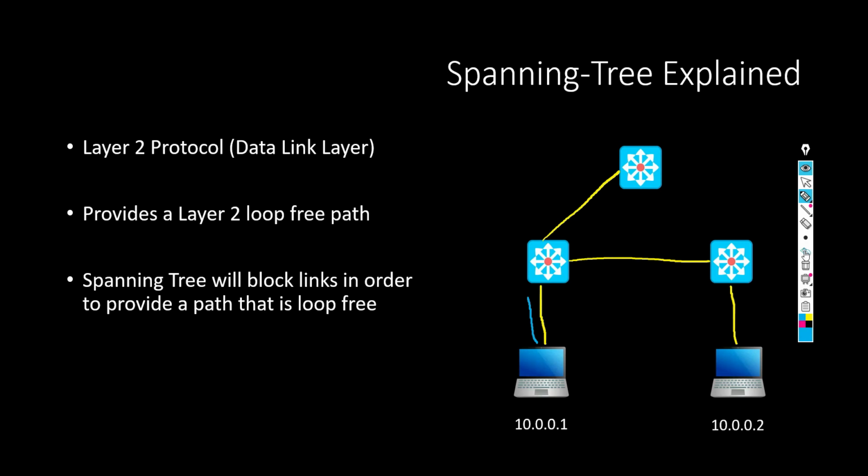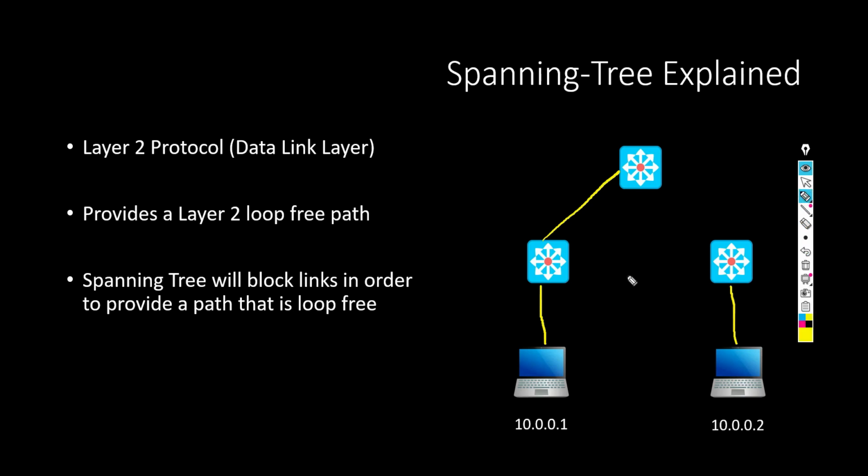But now you've put yourself into a position where you have what's known as a single point of failure. If traffic was originally going that way, what happens if this link were to fail? Well, you just isolated this switch from the other two switches, and you broke connectivity between those two PCs.